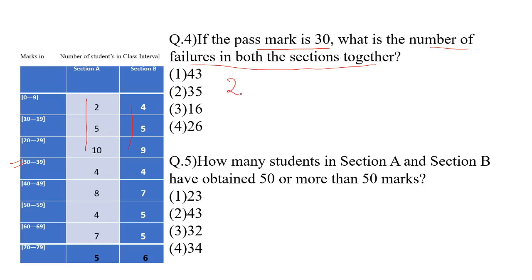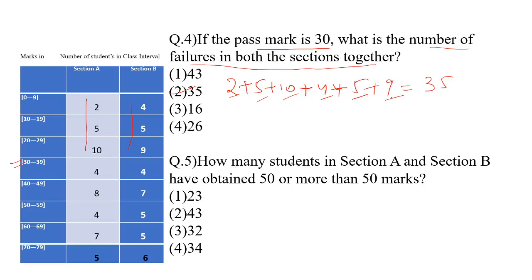So it will be 2 plus 5 plus 10 plus 4 plus 5 plus 9. So you can do this: 10, 20, 20 plus 29, 31, 31 plus 4, 35. So option 2 is correct.